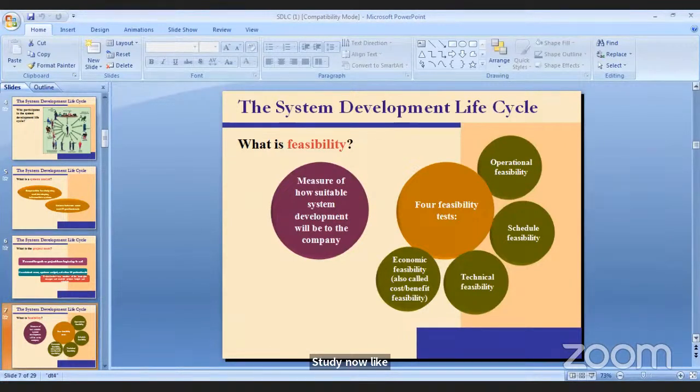Now, what is feasibility? The measure of how suitable the system development will be to the company. Whether practically it is possible to find a solution for the problem, whether it is possible to develop a new system or not, that is what feasible means.